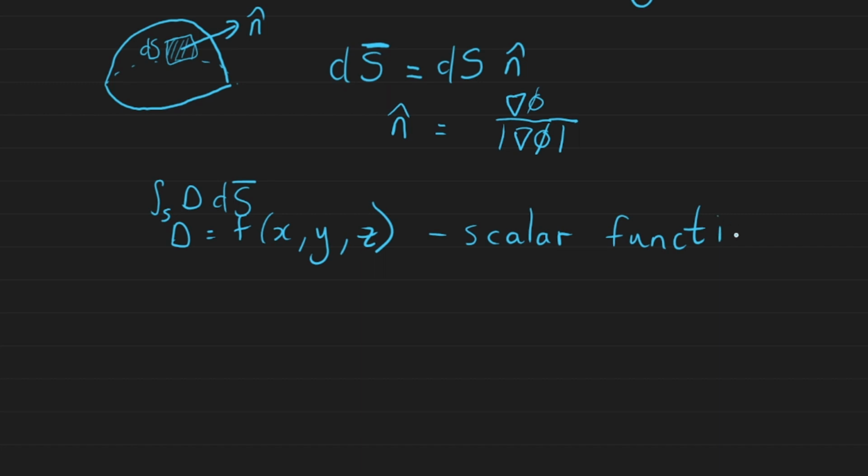So how would we interpret this? What would be the interpretation of a surface integral? Well, we could think of d as maybe being the temperature distribution. So the temperature at a certain point on the object depends on which point you are on the object.